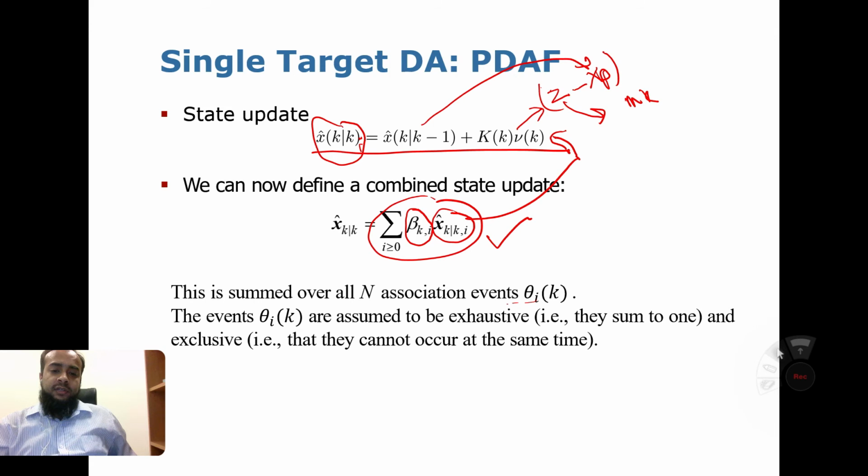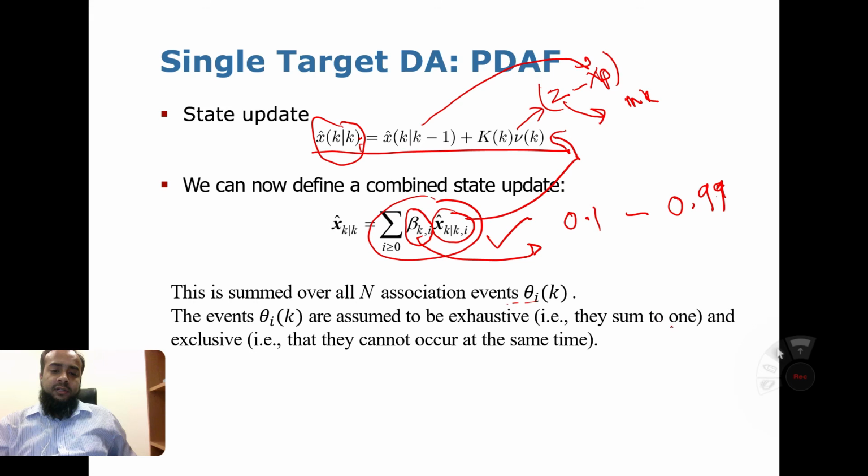The beta association probabilities always lie between 0.01 and 0.99. As you know, a probability is always between 0 and 1. The events theta_ki which are selected by the validation gate are assumed to be exhaustive, that is they sum to 1.